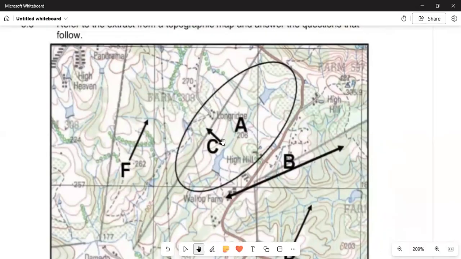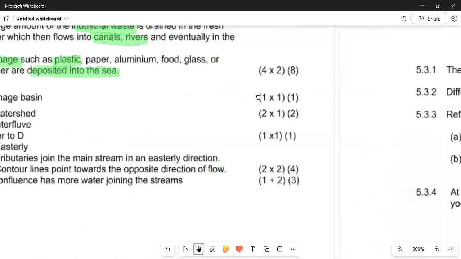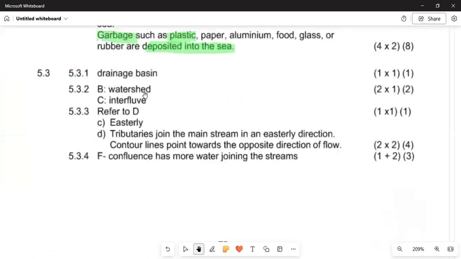So what needs to be taught and explained here are those high-lying areas. So we are saying B is a watershed because it separates the drainage basins. And then C is an interfluve. All right.